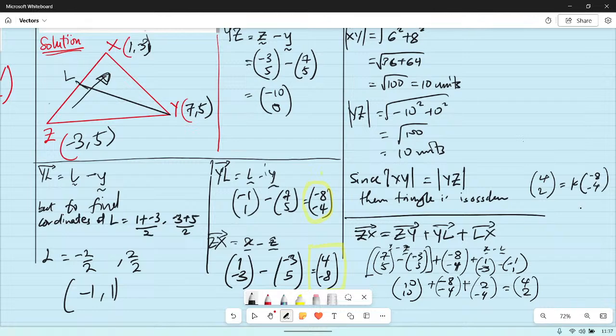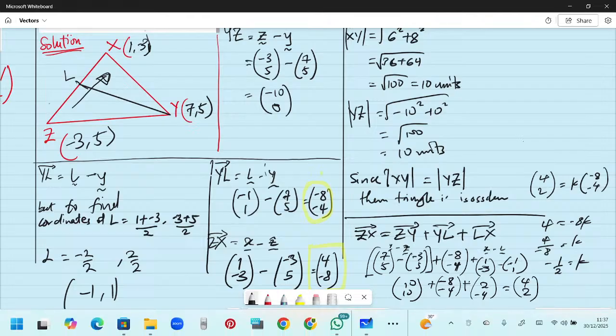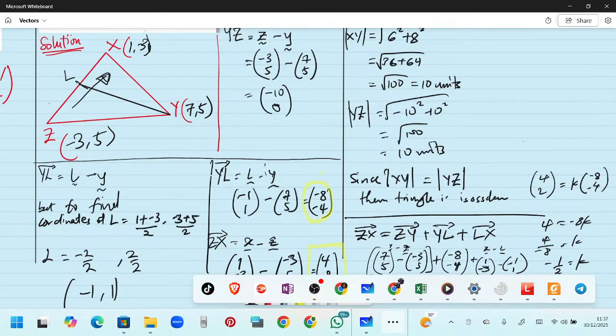So I factorize something out here. 4 equals negative 8k, k equals 4 over negative 8. Let me see, let's go check the answer. I'm just thinking out loud.